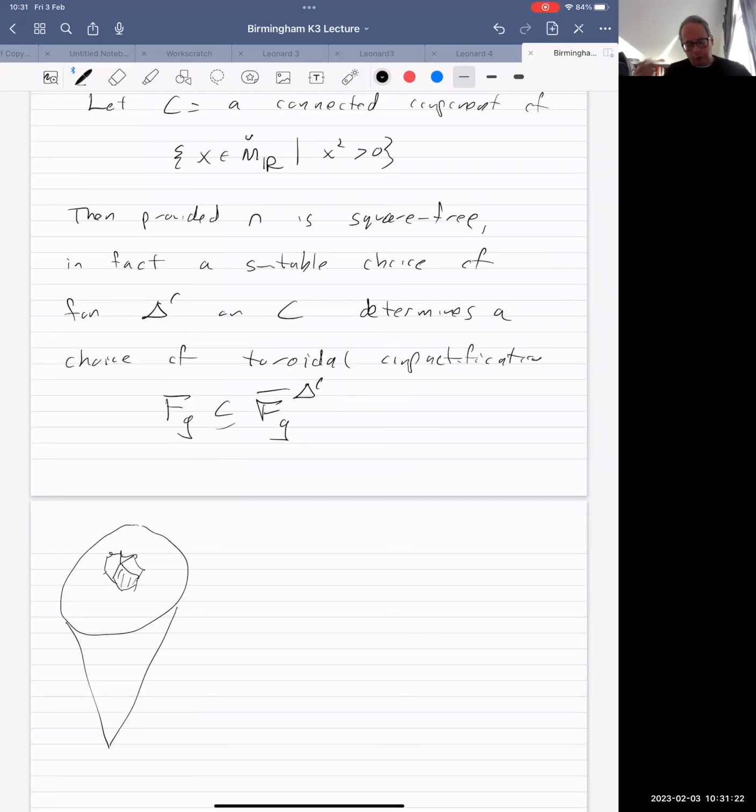Now, philosophically, the general problem with these toroidal compactifications is that there isn't any natural modular interpretation. We don't necessarily have the family of K3 surfaces degenerating over the boundary of this compactification. And so in a sense, our main interest was to actually build a family over this compactified moduli space.